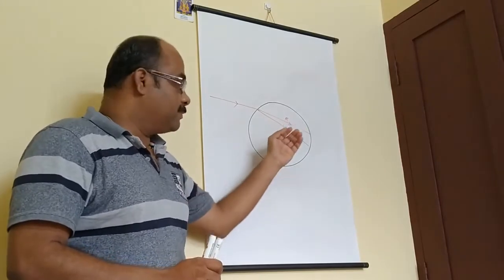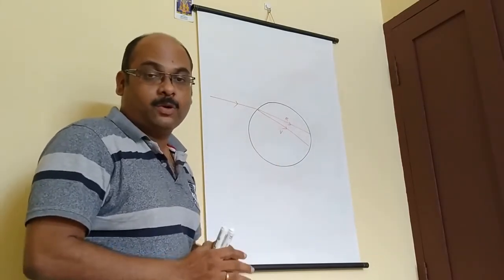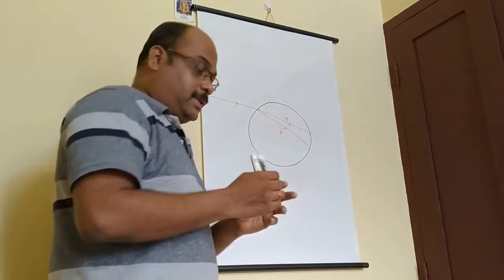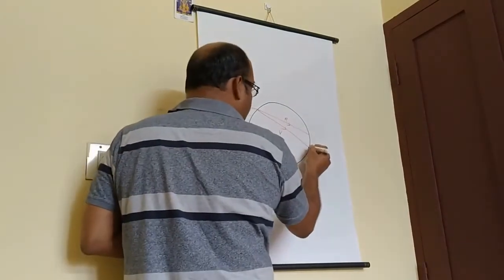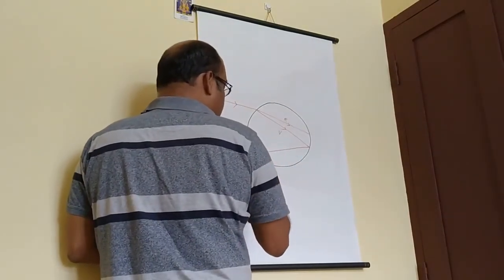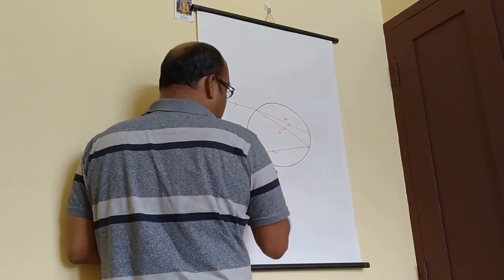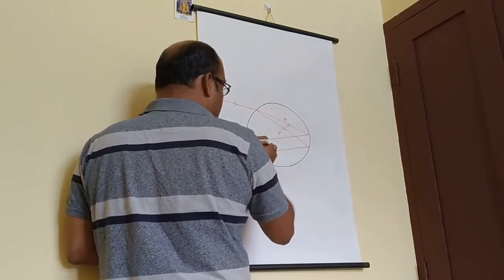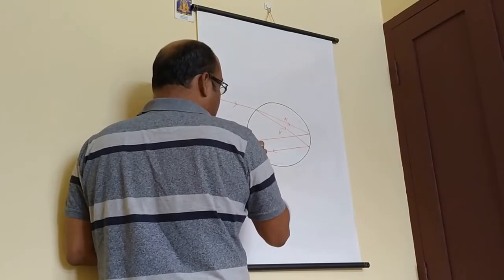Instead, it will reflect back. It is called total internal reflection. So this will reflect, and this will be the violet, and this will be red.